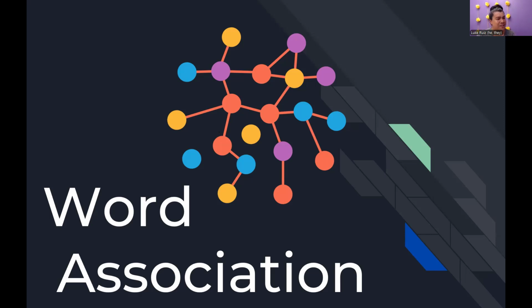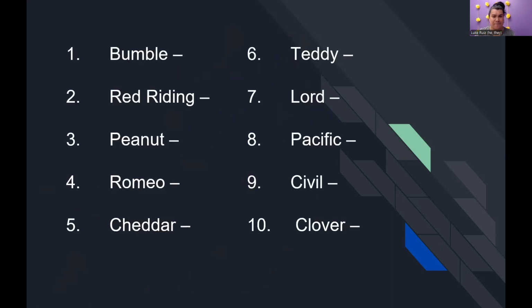There's a list of 10 words. Go ahead and write them out. Once you have your 10 words with your associations next to them, just give me a thumbs up and we'll go from there. Let's go to the next screen. So here are your 10 words.